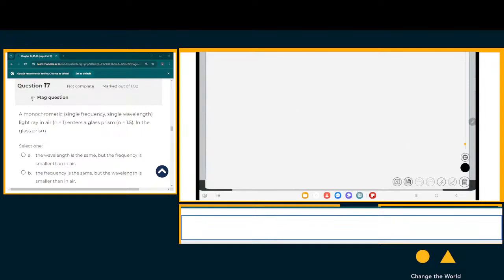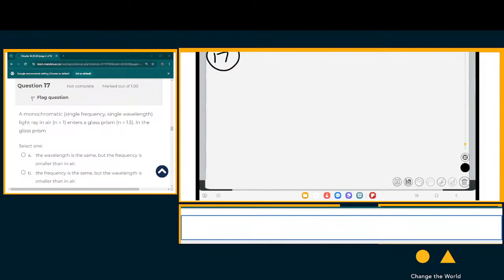Now, Snell's law is easy, and the problems regarding Snell's law are easy as well. Here we have problem number 17. Before I continue with that problem, let me just see if everything is still broadcasting. Okay, still going good.